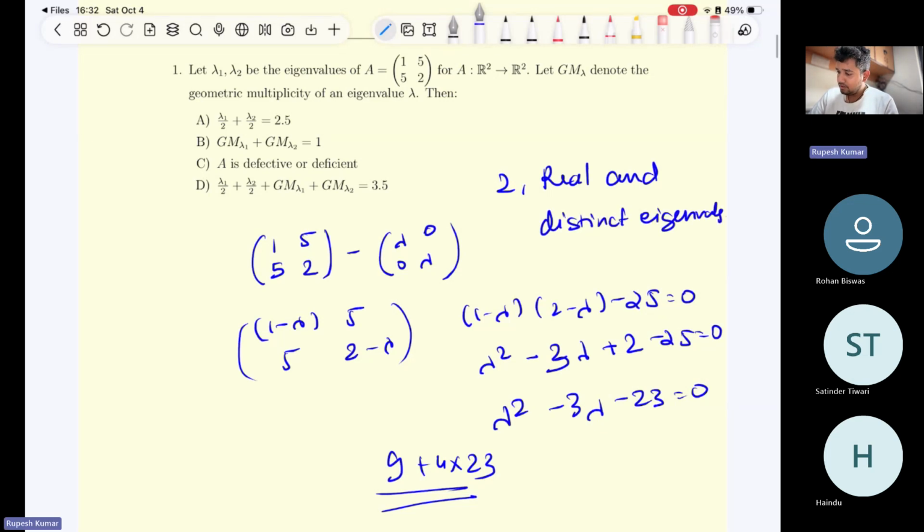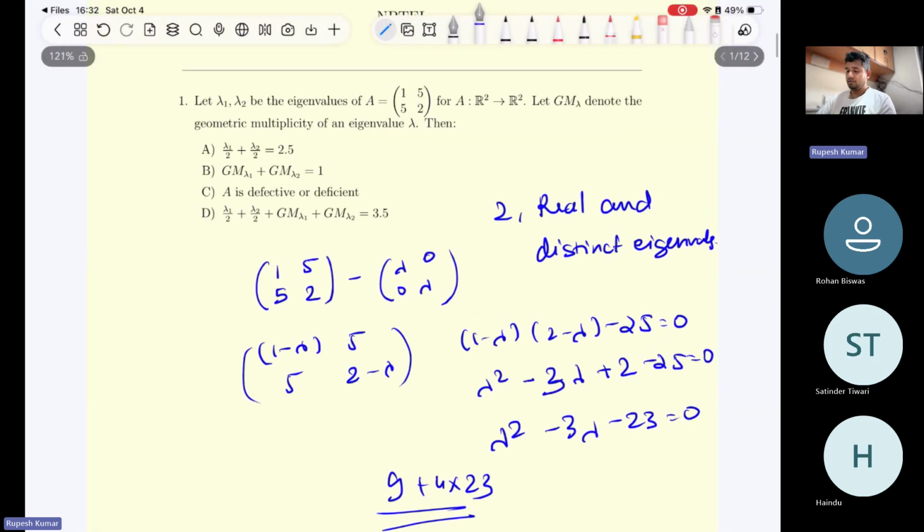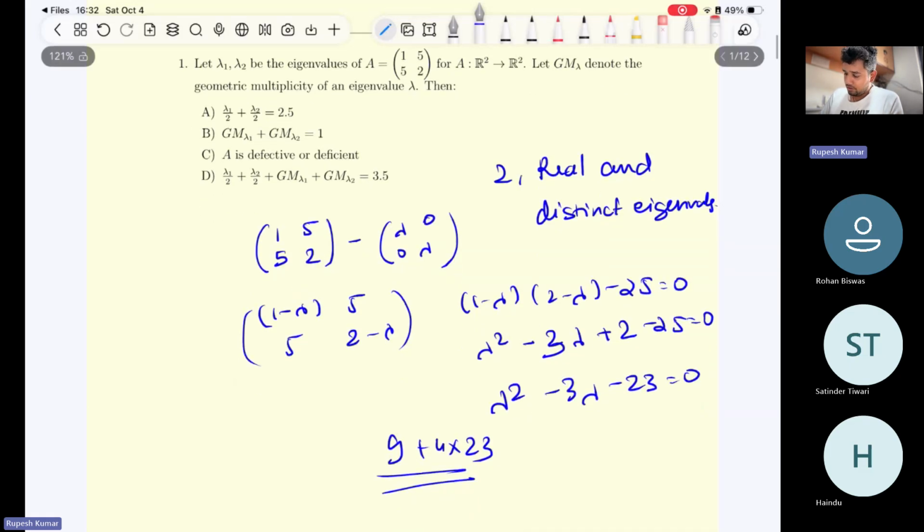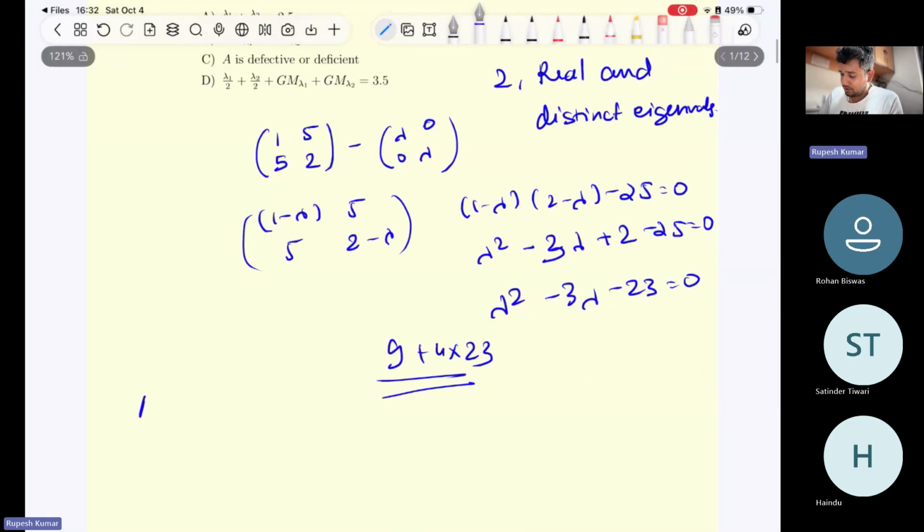Now, if the 2 by 2 matrix has two real and distinct eigenvalues, we can say algebraic multiplicity is 1 for lambda 1 and lambda 2, right? We don't need to solve anything further from here.